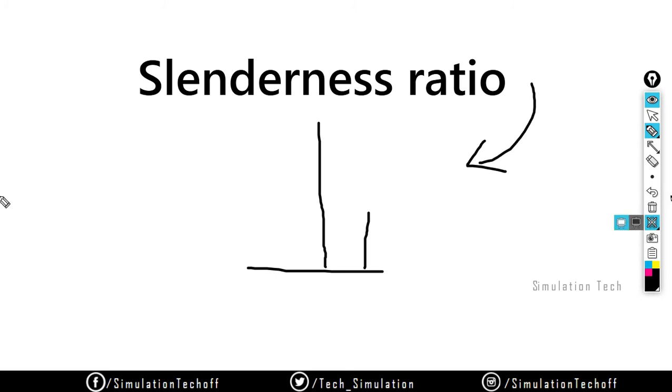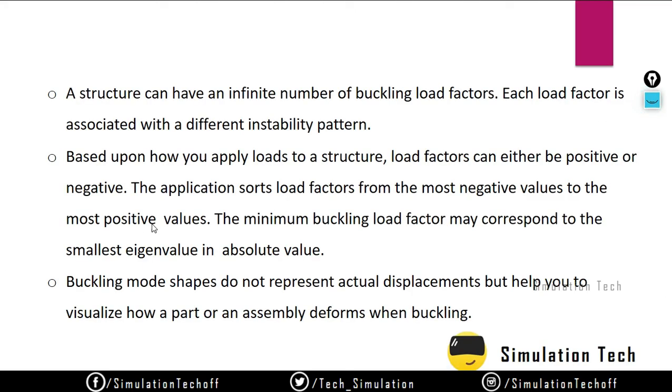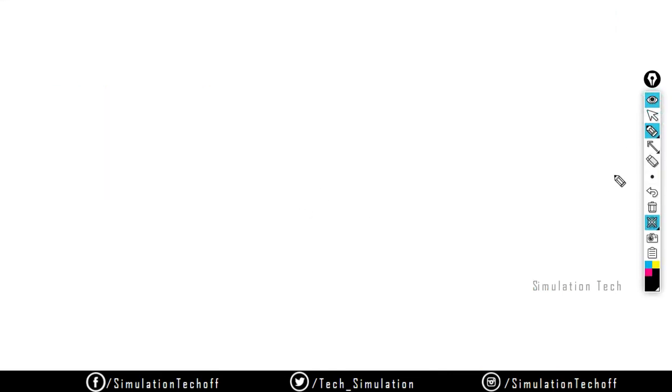Good. So what next? Our structure can have an infinite number of buckling load factors, it's fine, and each load factor is associated with a different unstable pattern. Like I said before, I have this component, it should be fixed in here. It may behave like this, irregular.